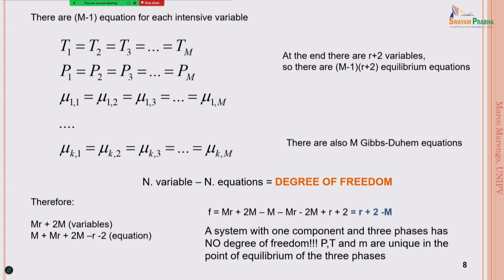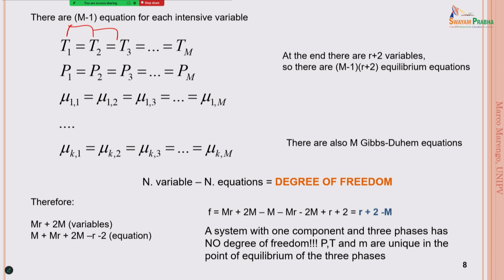Now, as you know, the number of variables minus the number of equations means the degrees of freedom of the system. So since we have m multiplied by r plus 2 variables, as we said, how many equations do we have? Here we have m minus 1, because we can do this one, so at the end we have m minus 1 multiplied by r plus 2, and then we have the other ones of the Gibbs-Duhem.